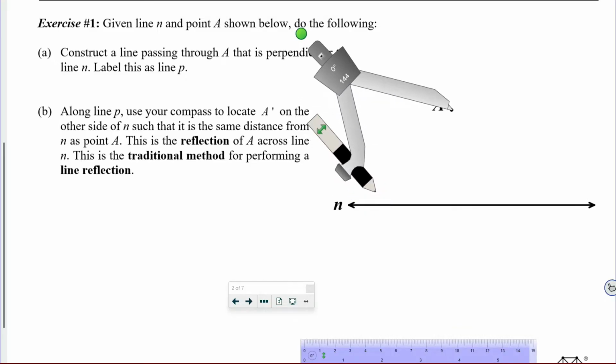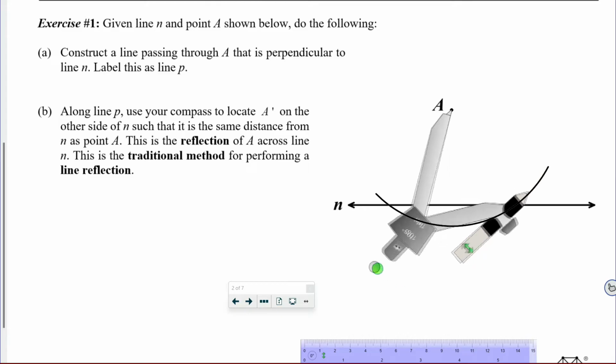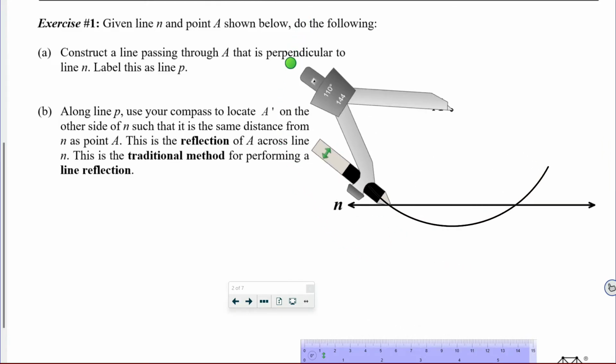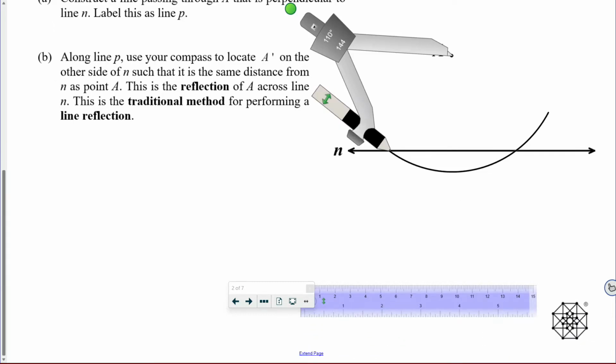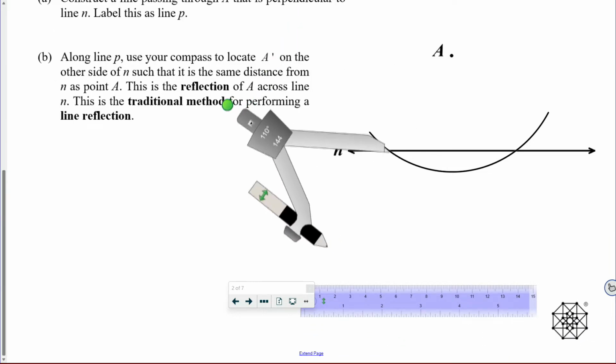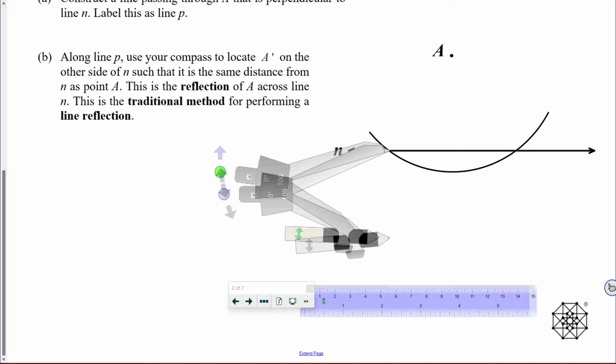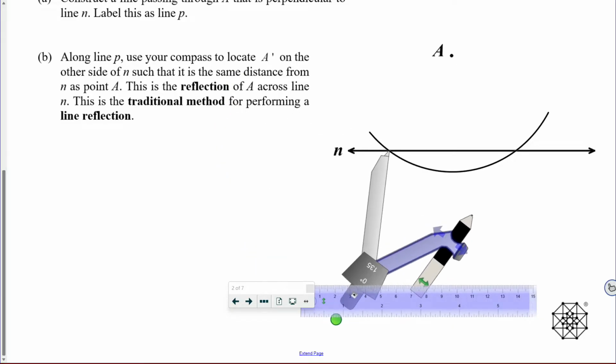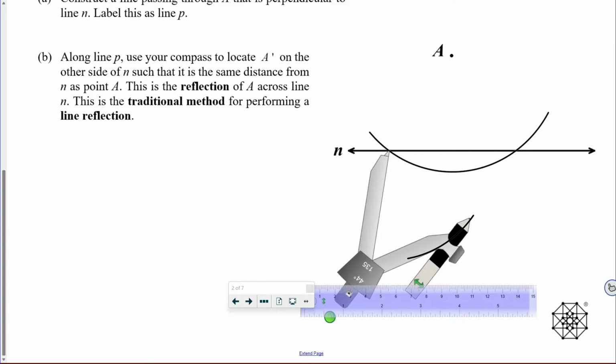All right, very, very important. So I'm creating this arc so that it passes through line N twice. Now I'm going to bring my compass down and put the center of my compass right at one of those intersection points, and I'm going to draw an arc below the line.